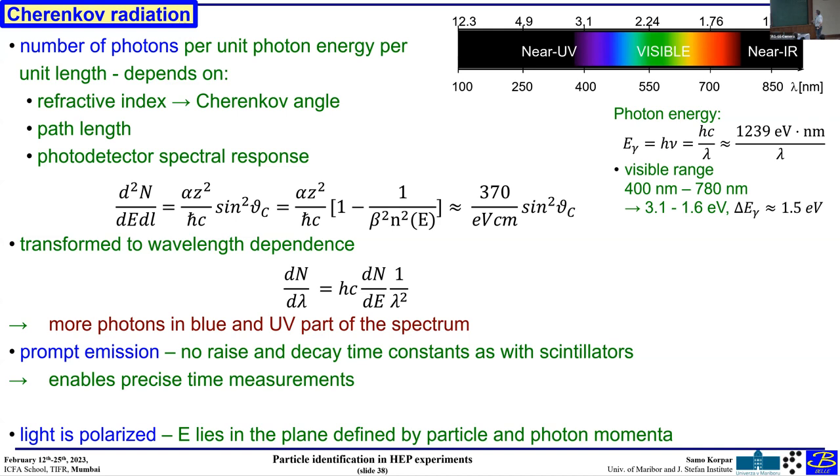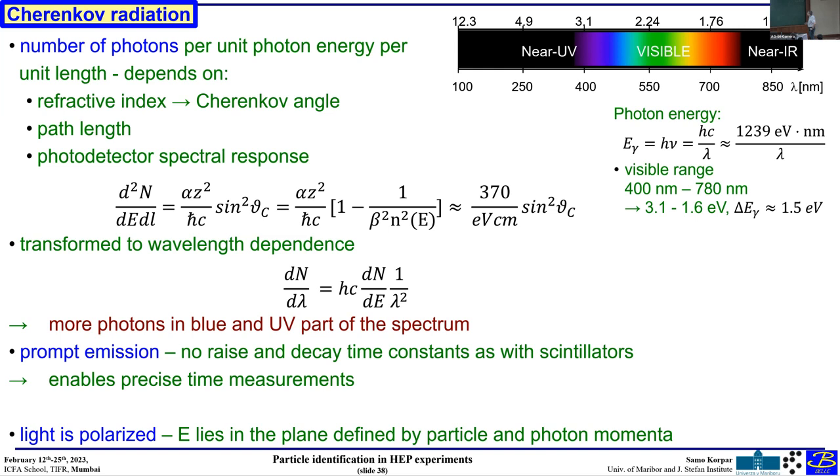Just a reminder, here is the spectrum of electromagnetic waves around visible light. These are the wavelengths. Some detectors work in the UV and some more in the visible light. These are the energies of the photons in this range, a few electron volts. It's easier to speak in energy because the distribution is basically constant in the energy spectrum.